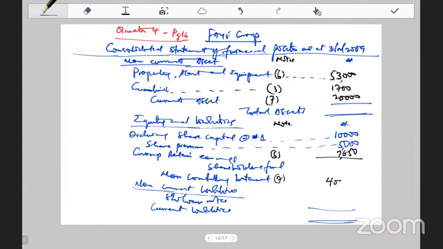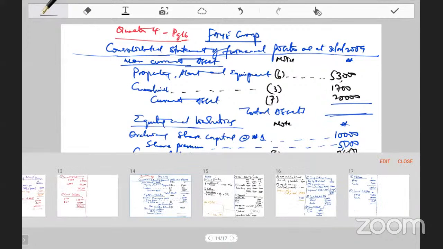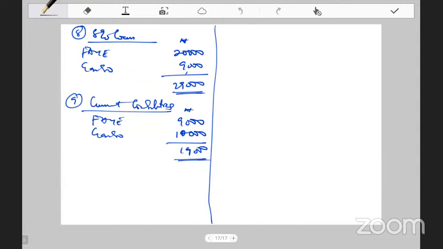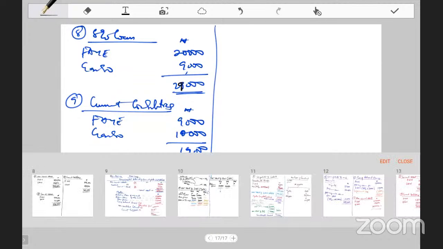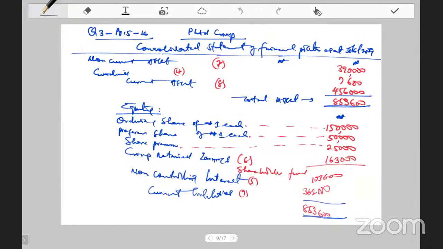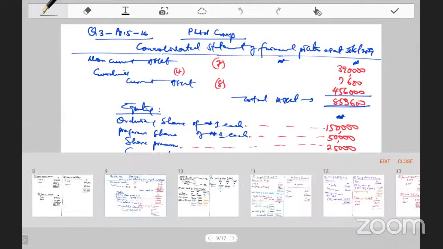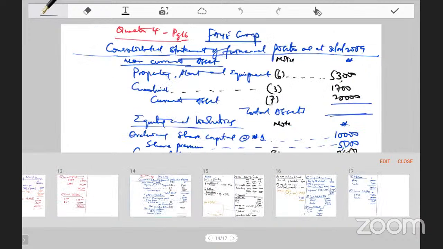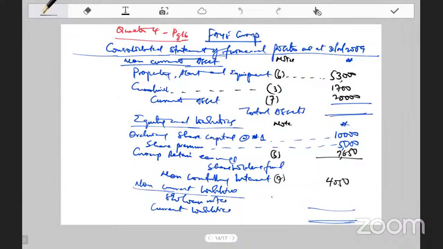My loan note working, what is that? Working 8, and that's 29,000. Don't forget. Note 8.